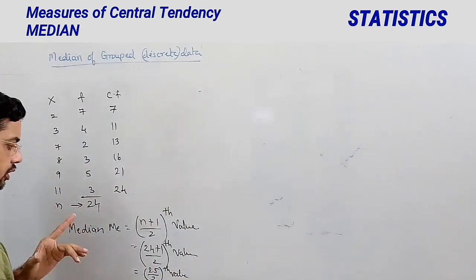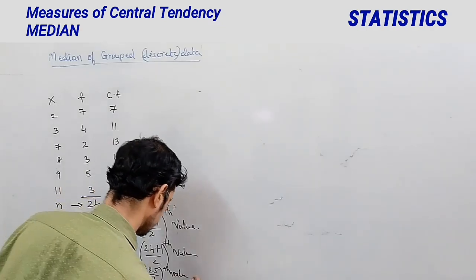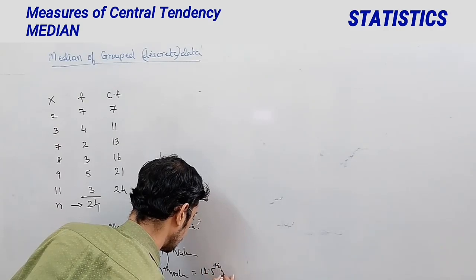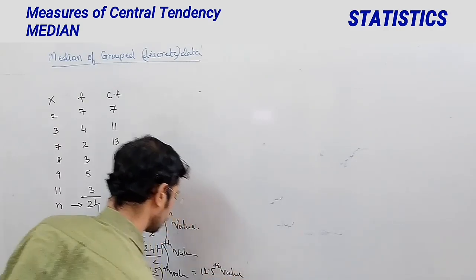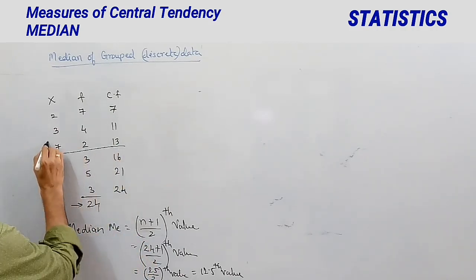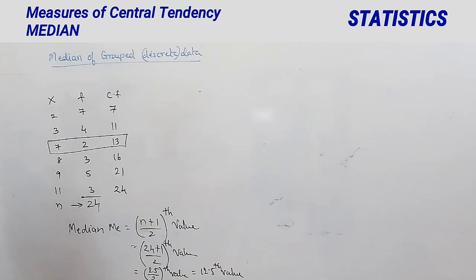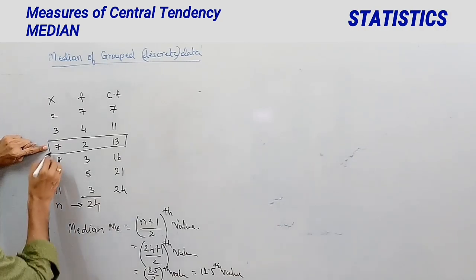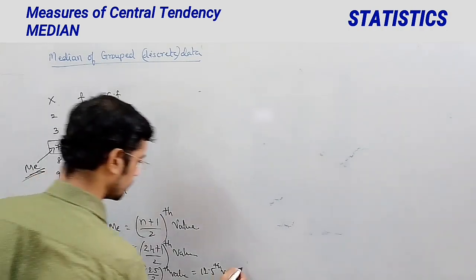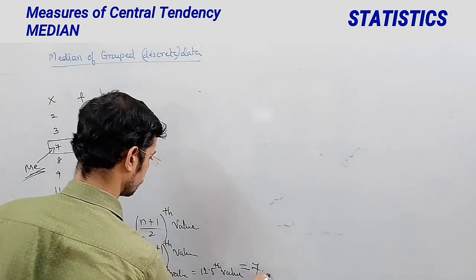It is 12.5, so that is the 12.5th value. Where is the 12.5th value? A number slightly higher than 12.5 is 13, so we will take this group. This is where it lies. The 12.5th value lies here, so we have 7 as the median.